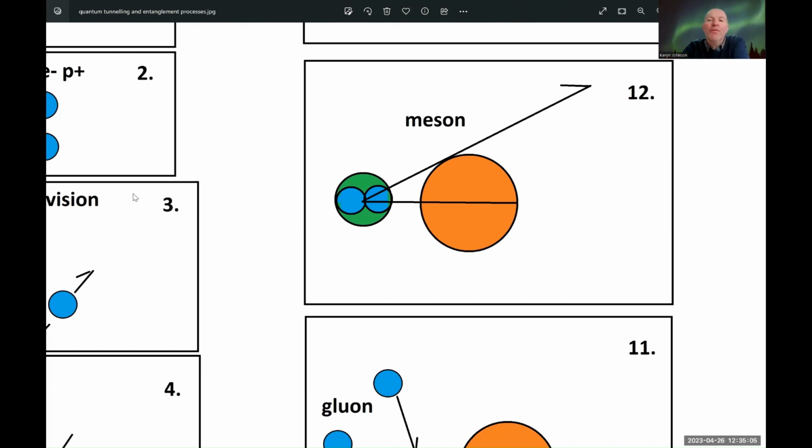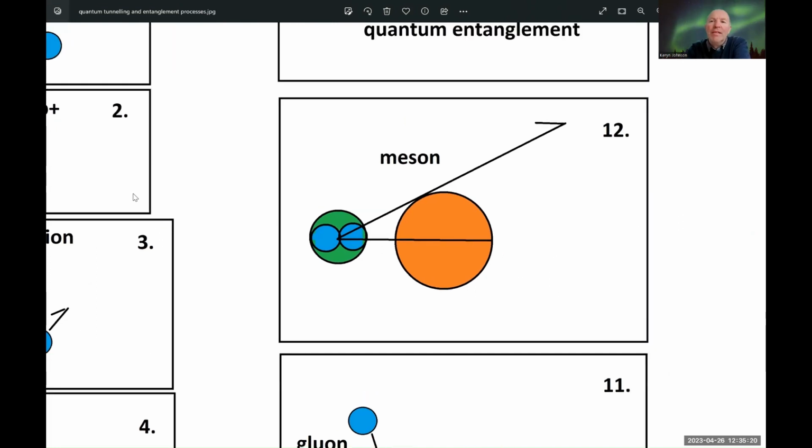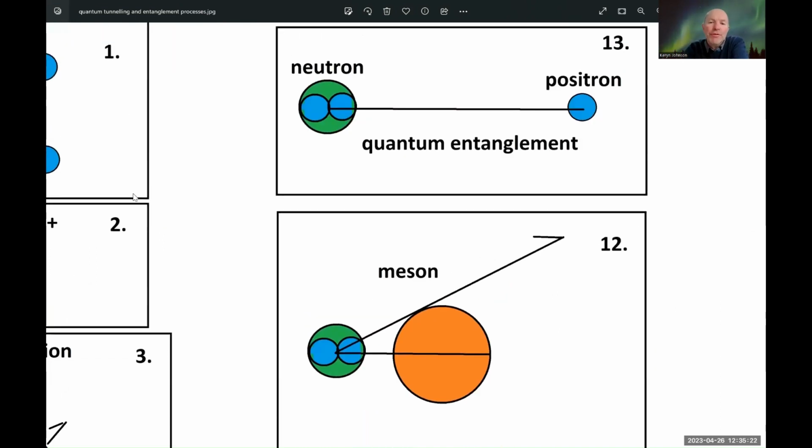And we have an inverted symmetry. It has to go in through the singularity, get inverted to actually change its charge from negative to positive, or from positive to negative through that inversion step. And then we get that entanglement process occurring where we get a neutron and a positron in step 13.